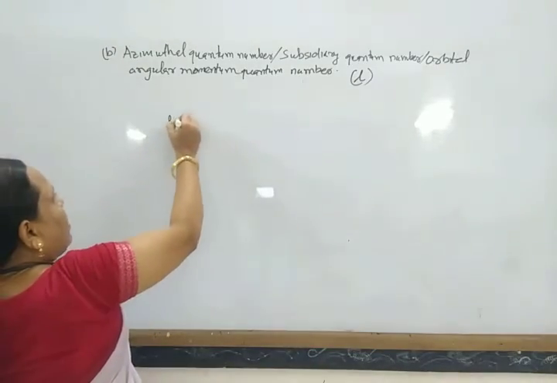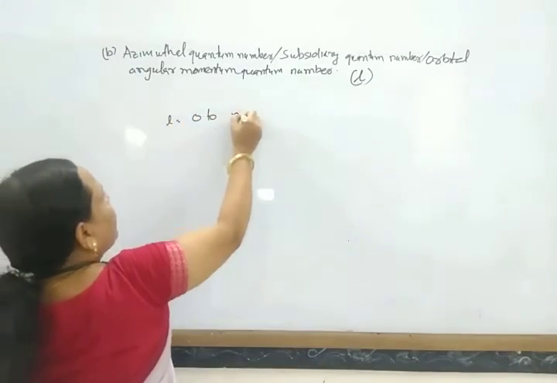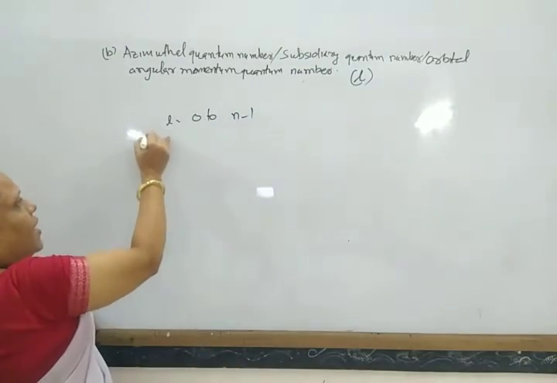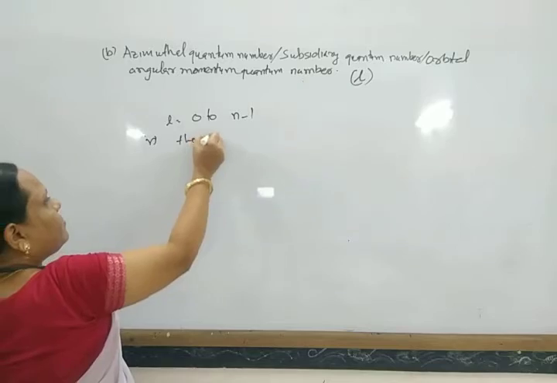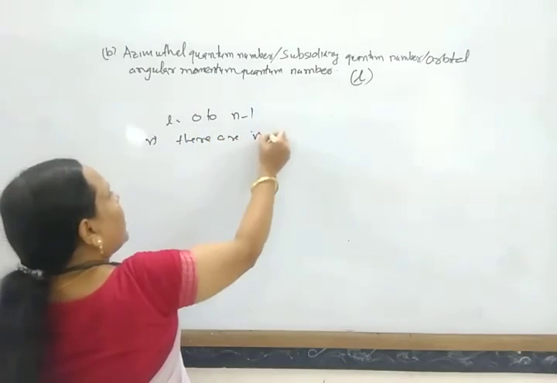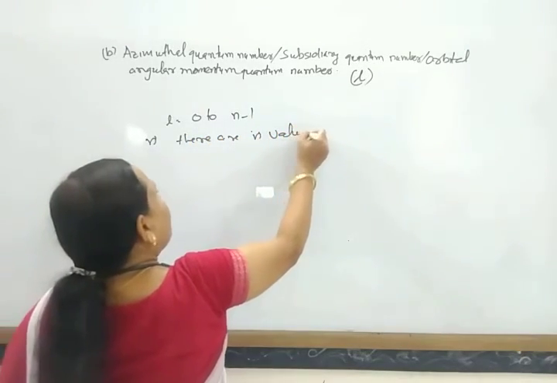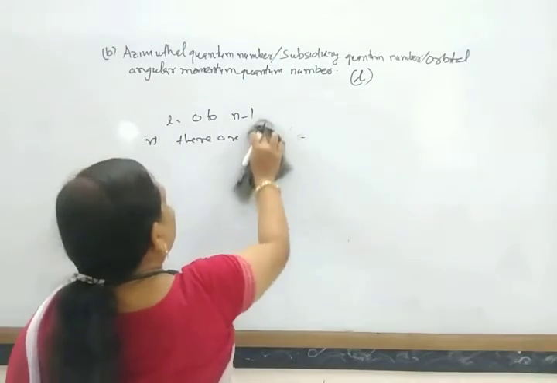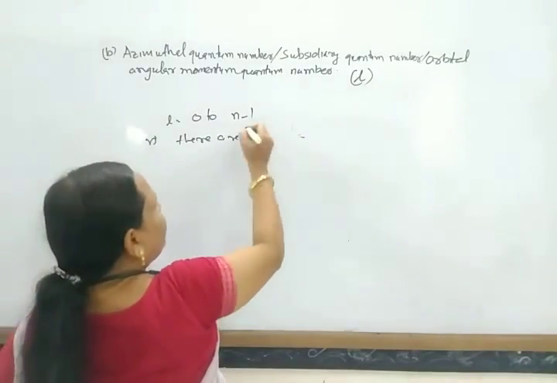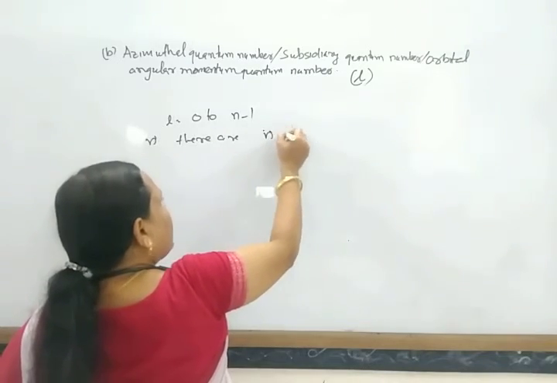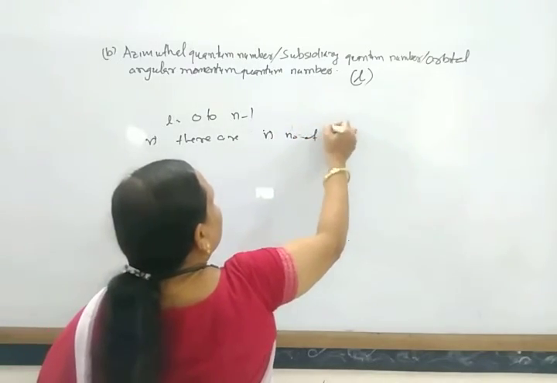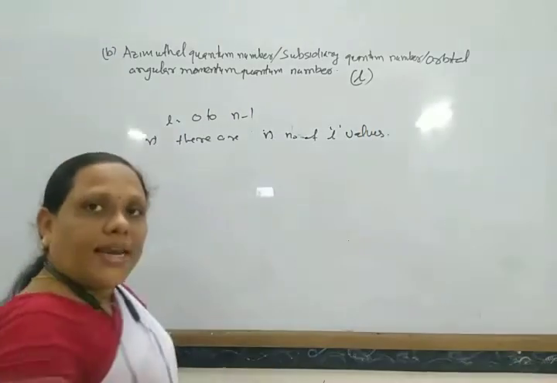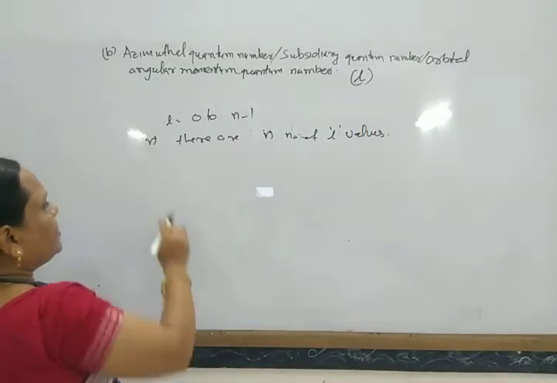So L equals 0 to n minus 1. For a particular value of n, there are n number of L values.